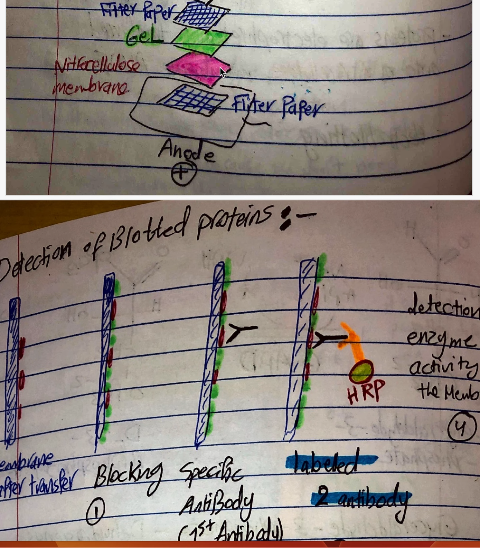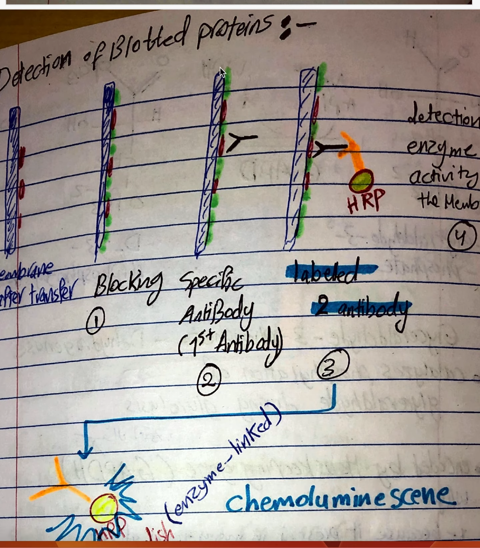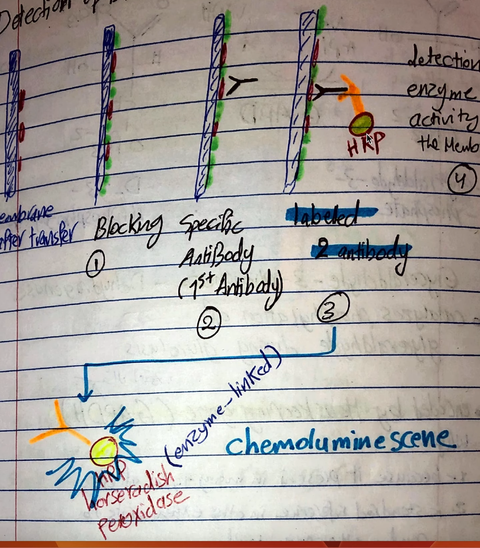Most often we use an enzyme-labeled secondary antibody. Yes, horseradish peroxidase. What is horseradish peroxidase, and why do we use it as a labeled antibody? It is actually not related to the horse or the radish; it refers to the plant.